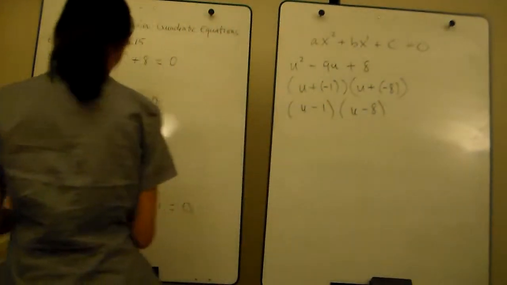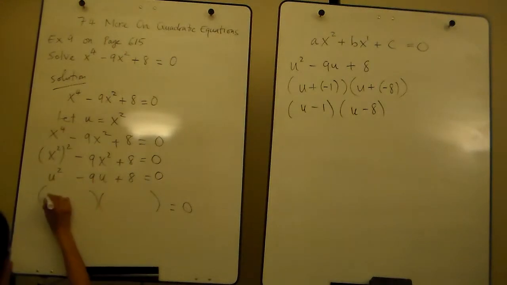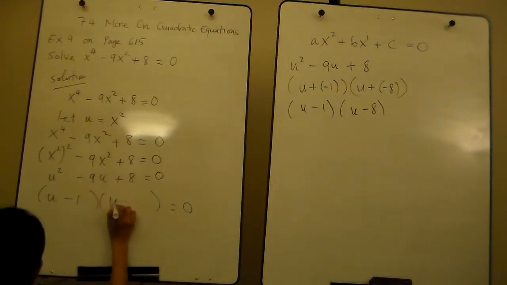So replacing this, for this trinomial I get u minus 1 and u minus 8.